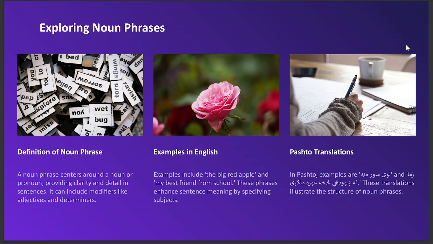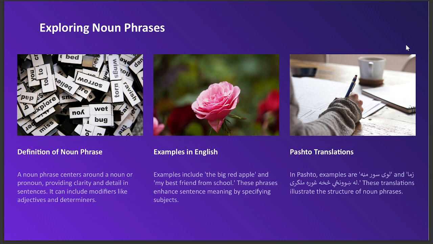Now, if we talk about the Pashto translation of the first example, "the big red apple," it depends upon the dialects of different communities and regions. For the word big, we use the word lui in Pashto. For red, we use the word sra, and for apple, we use the word mana.